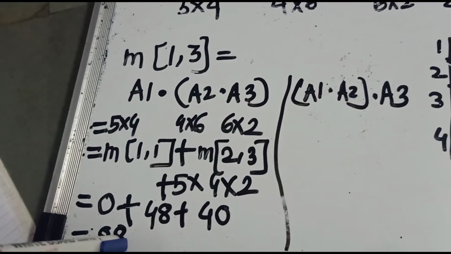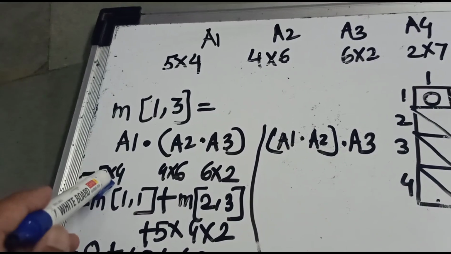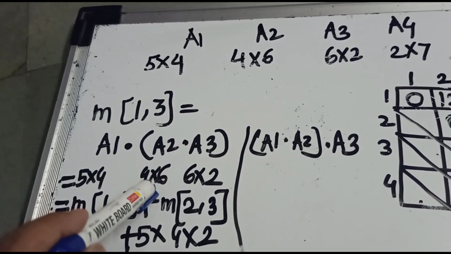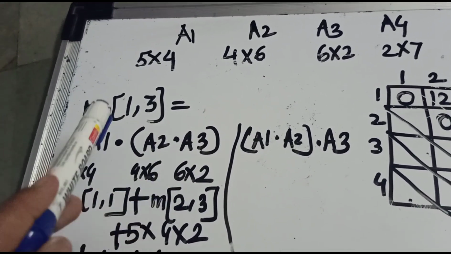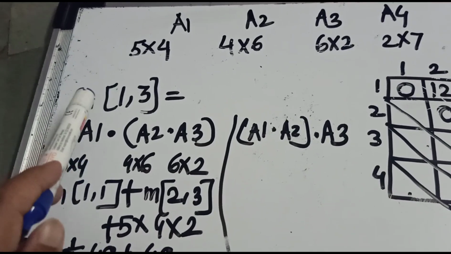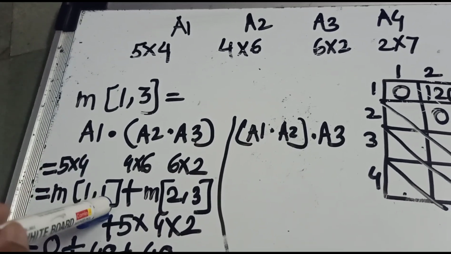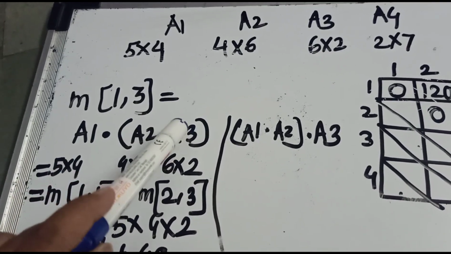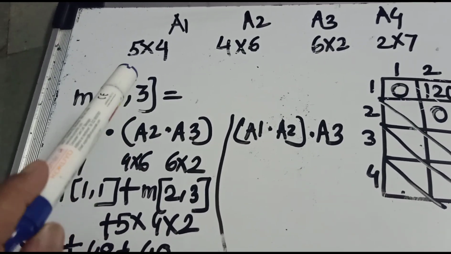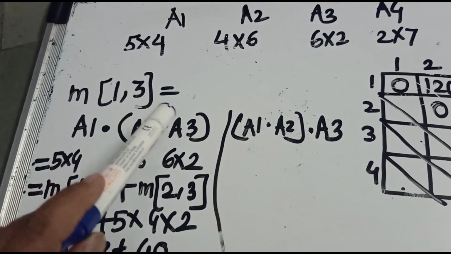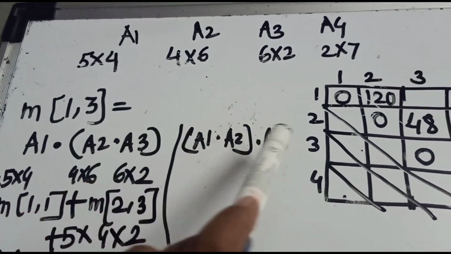In the first method the dimensions of A1 are 5 by 4, A2 4 by 6 and A3 6 by 2. A1 with itself is m of 1, 1. A2 into A3 means the cost of multiplying the second matrix A2 with A3. This value we have already computed.